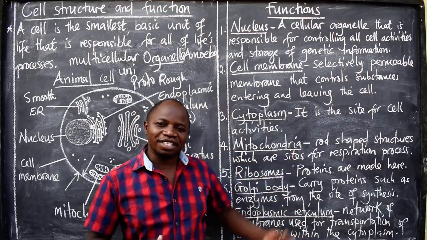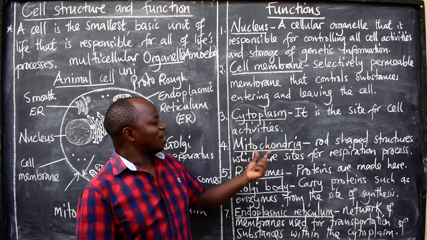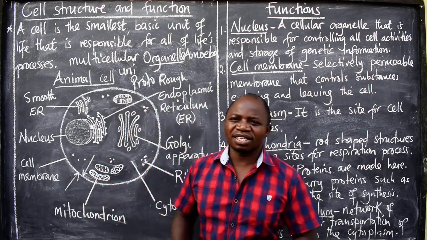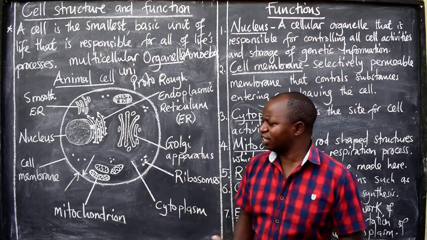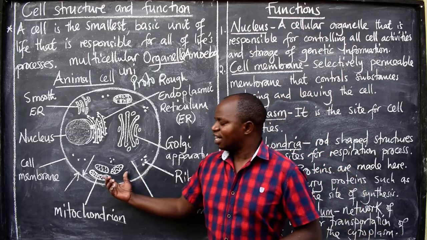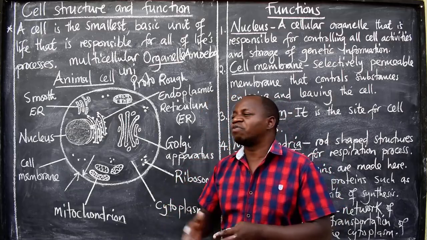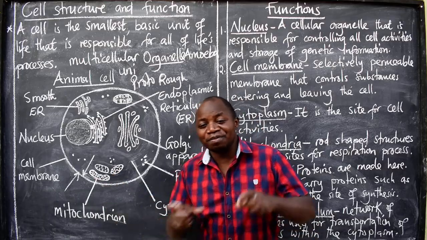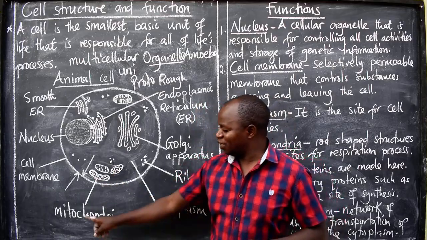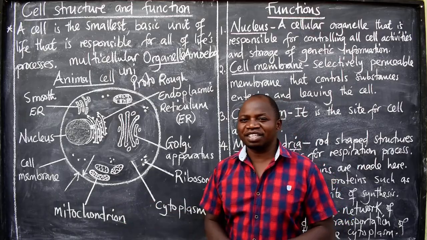Here we are talking about a lot of them. What exactly are we talking about? These are rod-shaped structures that are also referred to as the powerhouse of the cell. So when you hear the word powerhouse of the cell, we are talking about the mitochondria.